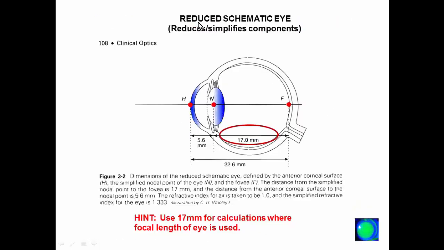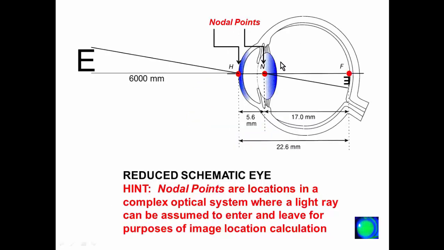And you can reduce this Gullstrand schematic eye to one simple optical system and an axial length of 17 millimeters. Any optical system, even a very complex optical system, can usually be reduced to two nodal points. So there's some location in the optical system where a ray of light can be said to enter at that point and then leave at some other point at the same angle.